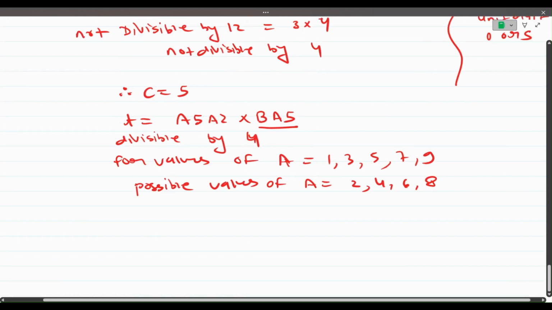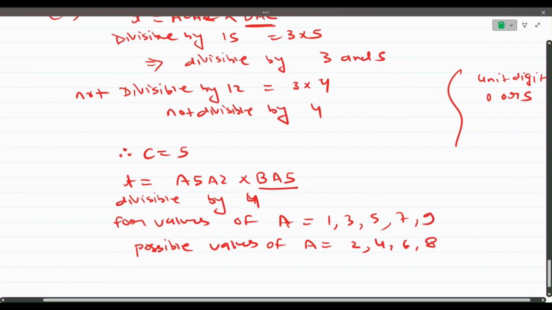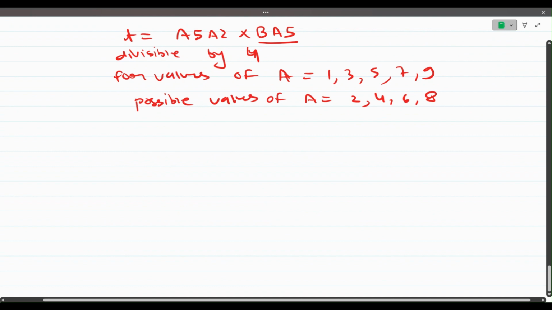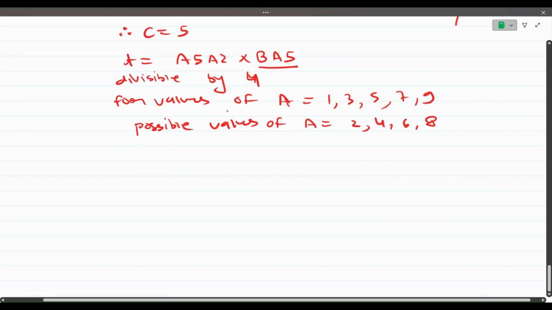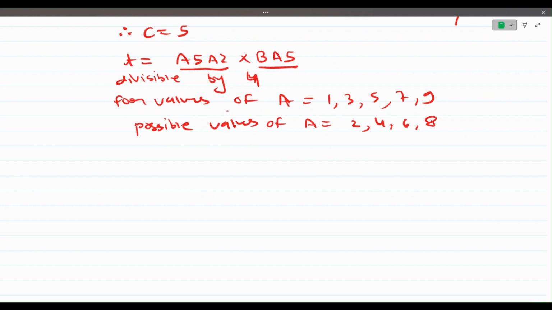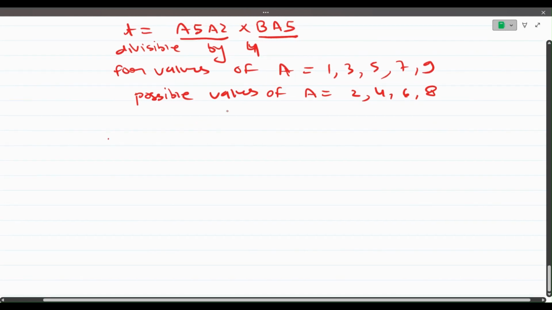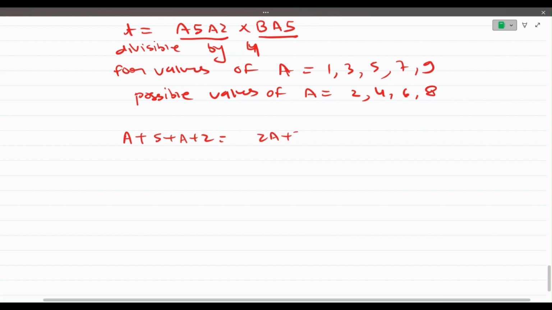Now we come to the divisibility by 3. If t is divisible by 3, either the first part is divisible by 3, or the second part, or both. So we add all the digits of these parts: A plus 5 plus A plus 2, that is 2A plus 7, and B plus A plus 5.